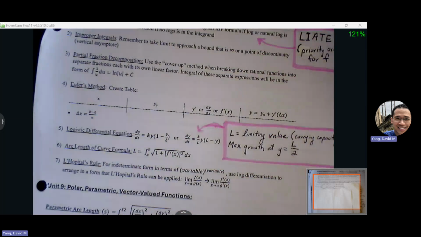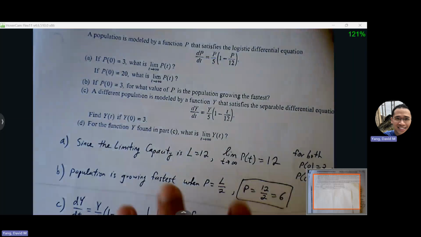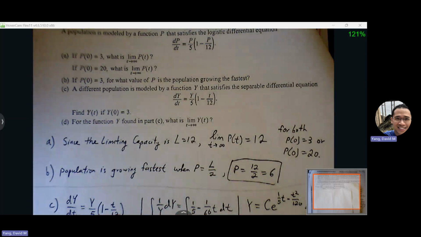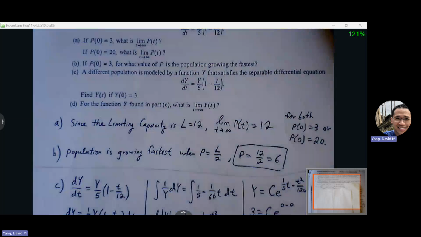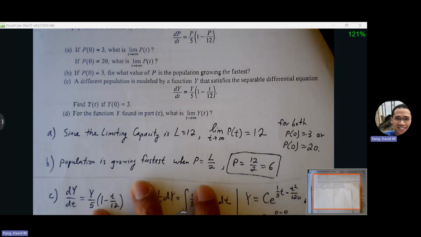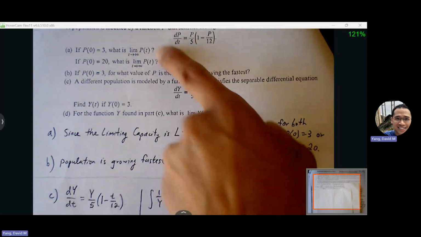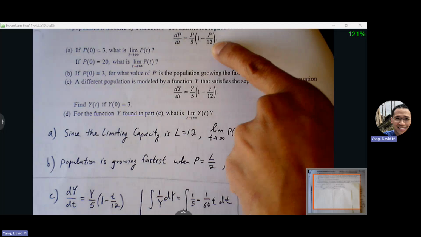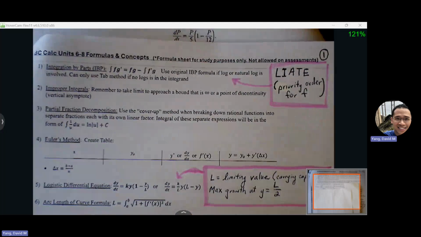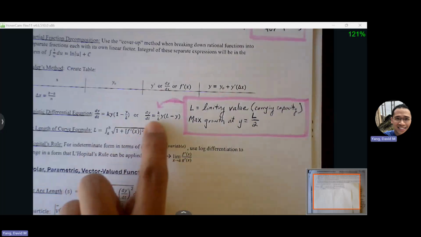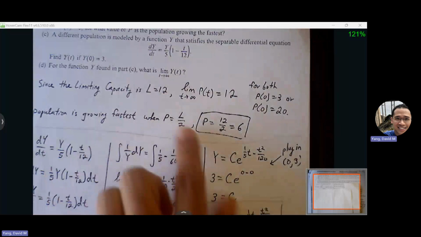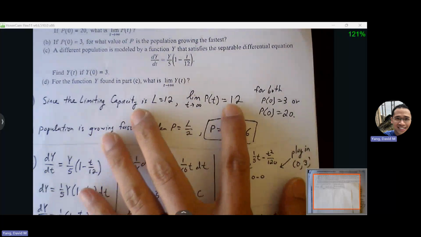And then also, I know that page 15 was your homework, but I just want to go over what a logistic differential equation problem could look like. We know that this is in that logistic equation form. You know that 12 is matching this formula here, and we know that that L value is going to be telling us our maximum capacity or carrying capacity.